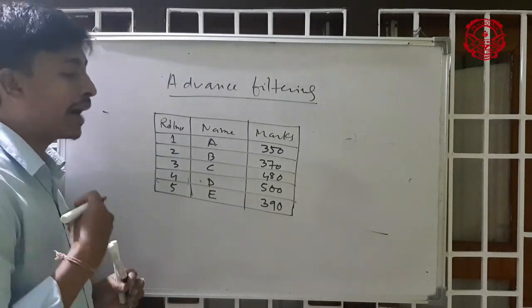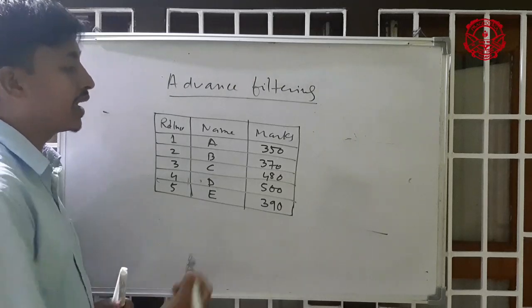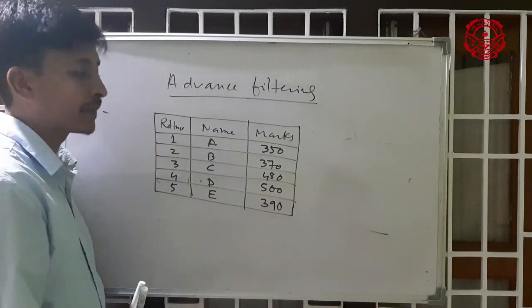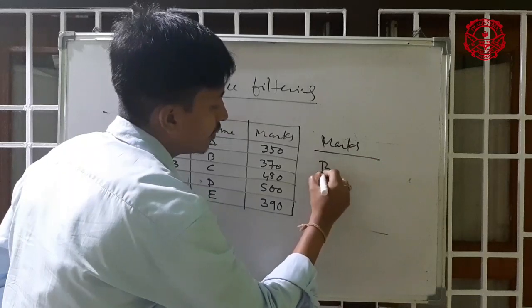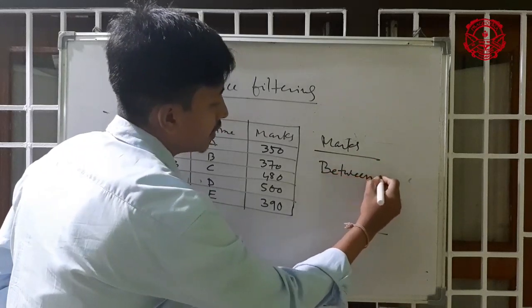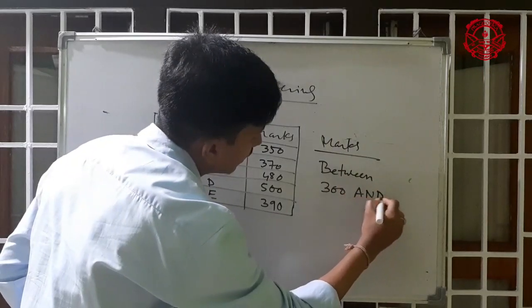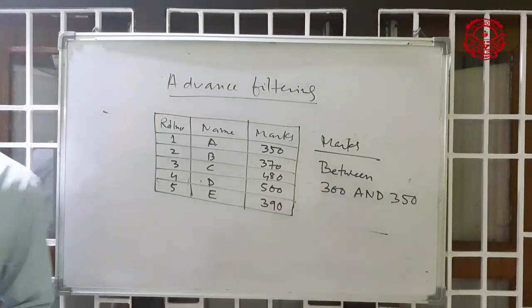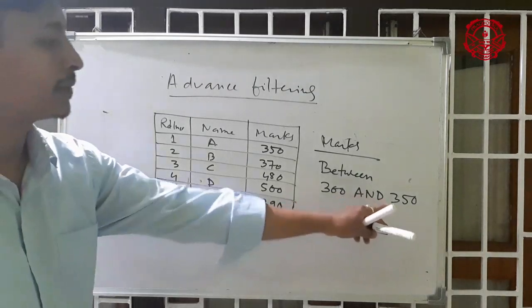For example, I want the records whose marks are between 300 and 350.